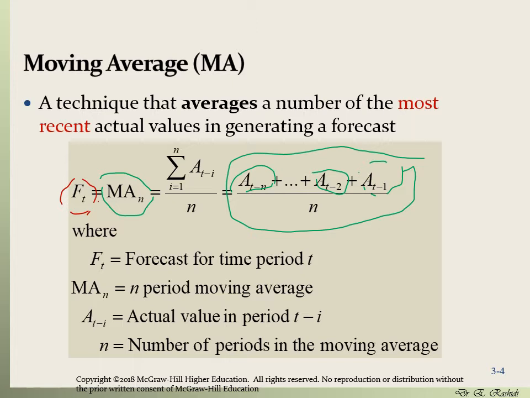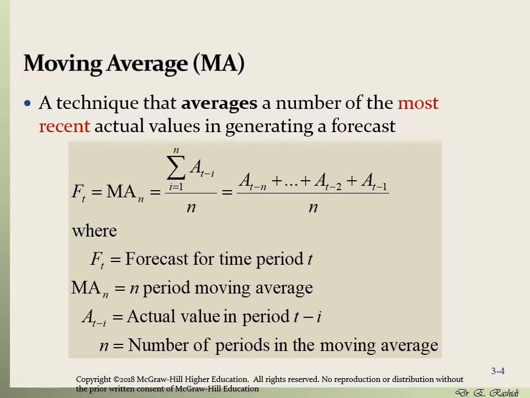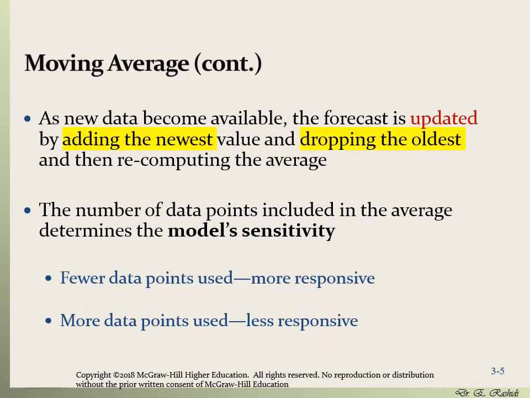So it's moving through time. As new data becomes available to you, you have to update your forecast by adding the newest actual value in the data, dropping the oldest value, and then recomputing the average. This is going to make more sense when we do an example.